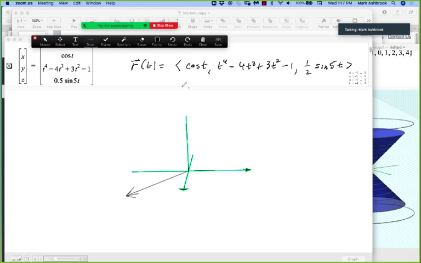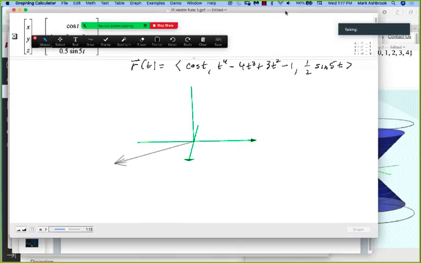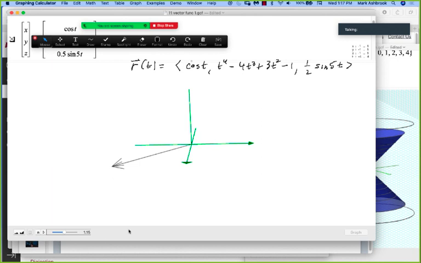And like we said, for every value of t, say here's t equals 1.15. We get a vector, shown here in R3.